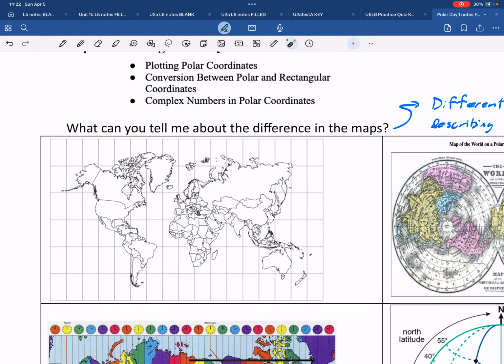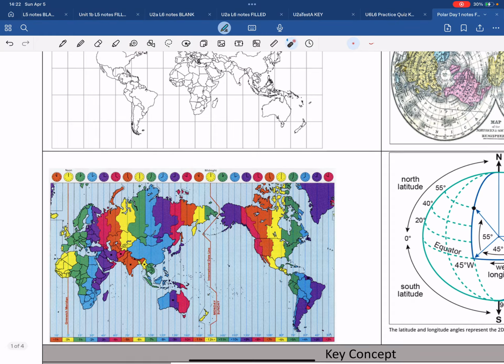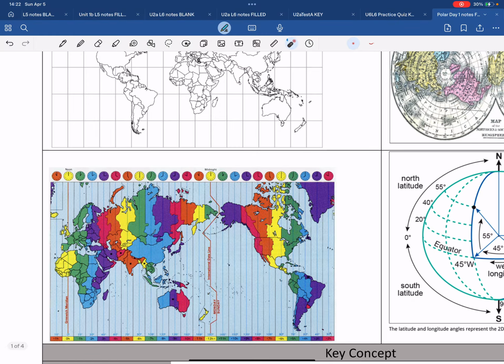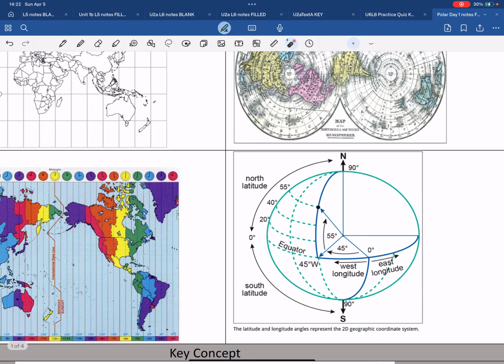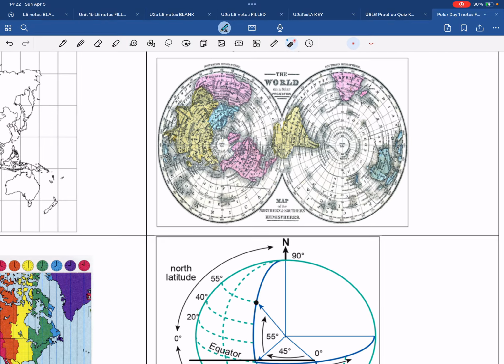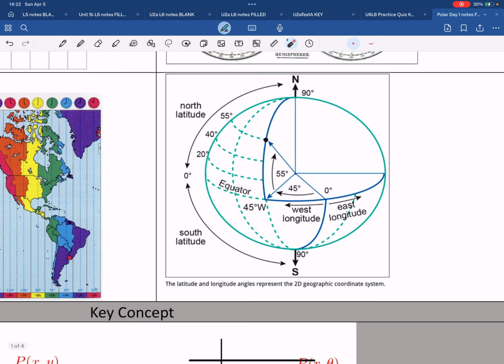So the scale is not always the same. Here we've got some color, we got time zone, we have vertical cuts, but nothing really horizontal. Here we have circular maps, right? This is a 2D top and bottom view, polar view, I guess. And then this is kind of a 3D cut.